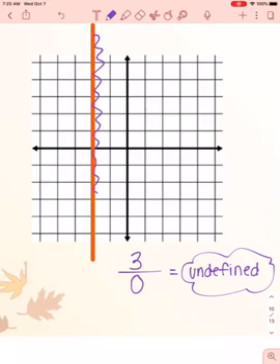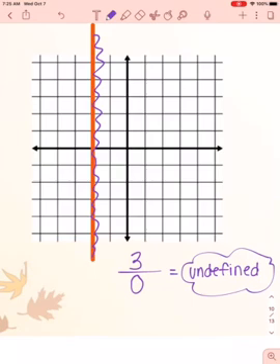Okay? Think about it this way. Can you walk on this? If this were your road, could you walk up it? Just by yourself? No, you can't. Okay? So your horizontal line was so easy to walk on, just flat, nothing happening, slope of 0, easy peasy all day long.